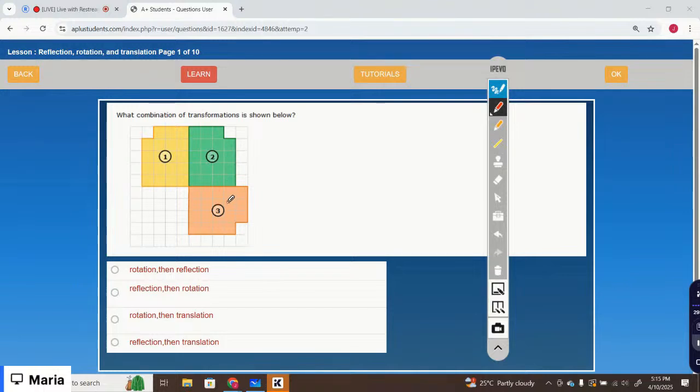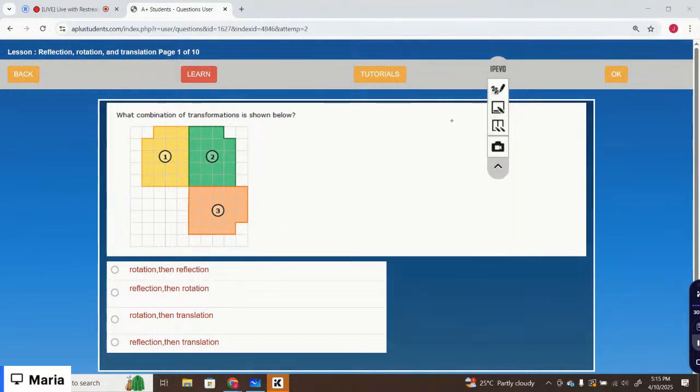And then from 2 to 3, that is the rotation around this point. Reflection and then rotation. Option number two is the correct option.